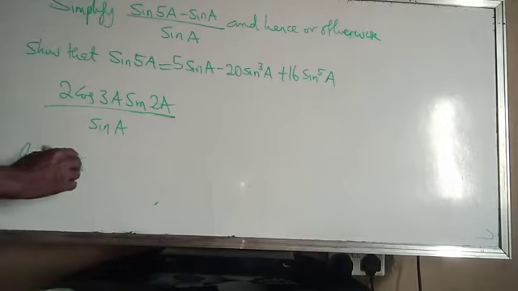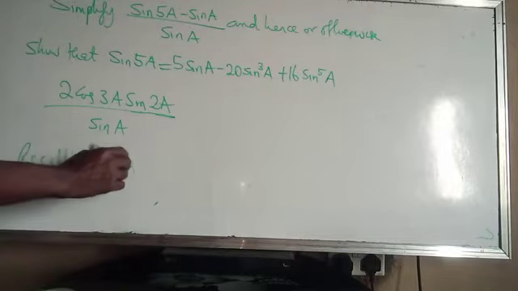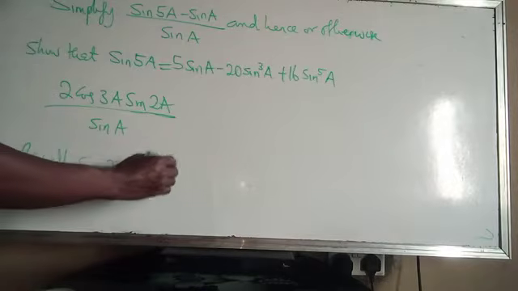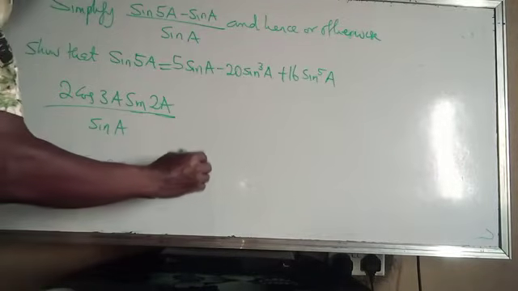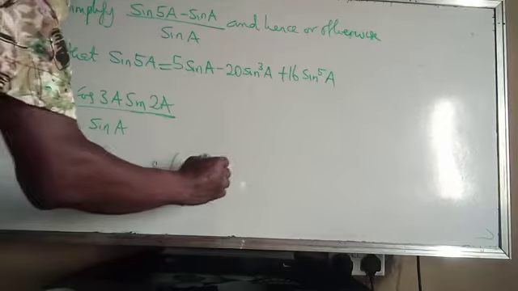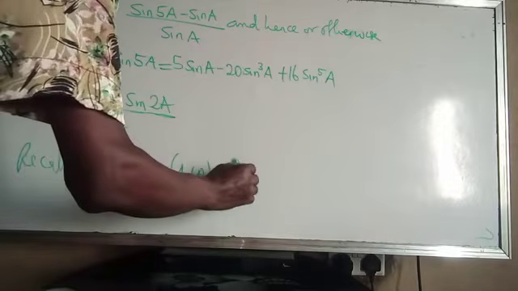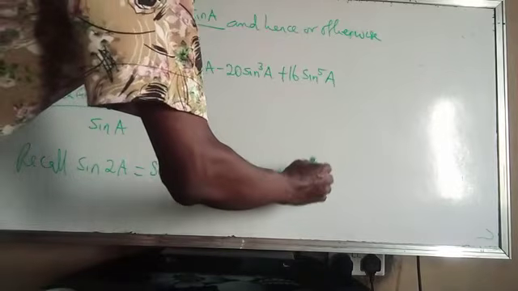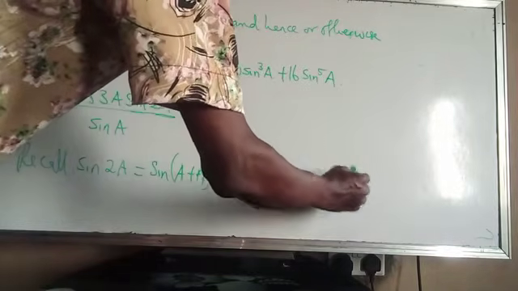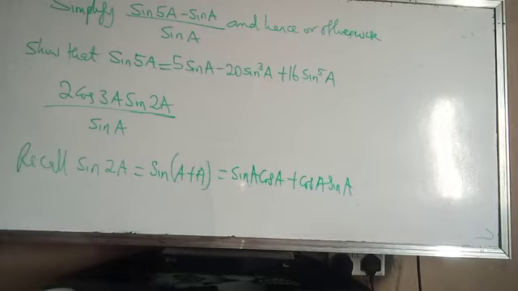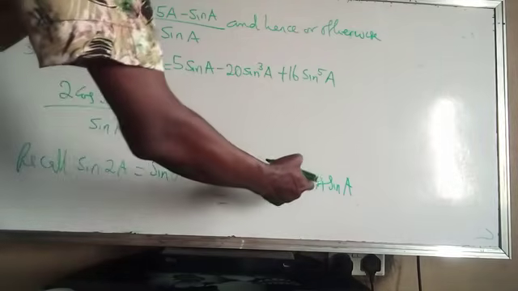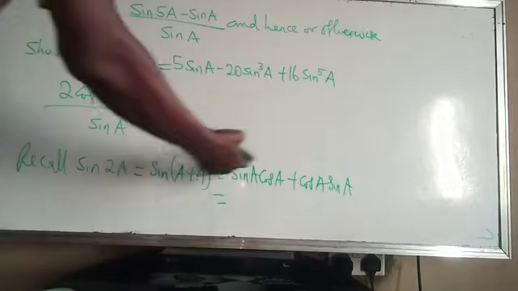Recall, sine 2a is equal to sine a plus a, which is the same thing as sine a cos a plus cos a sine a. This is our addition angle formula. By the time you add them together, sine a cos a is the same thing as cos a sine a, so we're adding 1 plus 1.